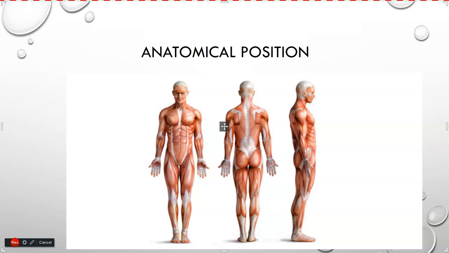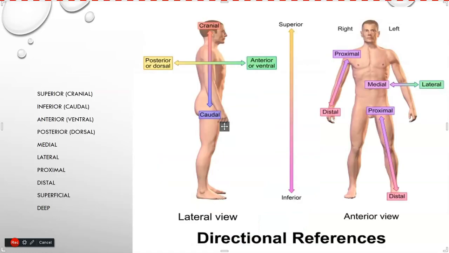So always keep in mind that everything I discuss, when it comes to a relationship between organs, a relationship between bones, the movements of a shoulder joint or a hip joint, is always based upon this anatomical position. I'll be reminding you of that throughout the course as we move through. So that's the first step. The first standardization was the position of the human body to relationship.